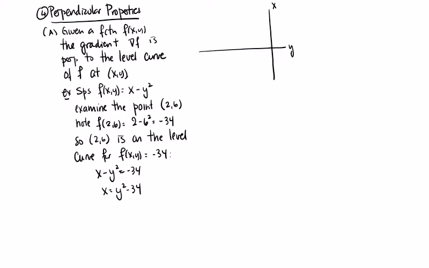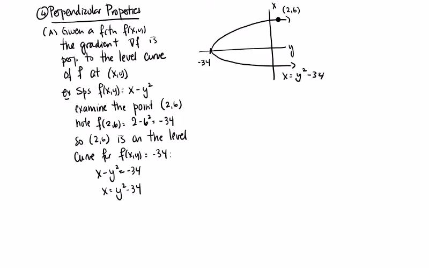Right, so it looks like this. This is down at negative 34. This is x equals y squared minus 34. And the point 2, 6 is right here. And that's our point.